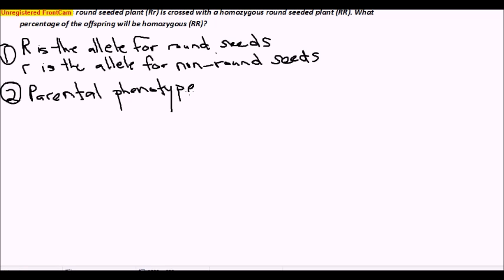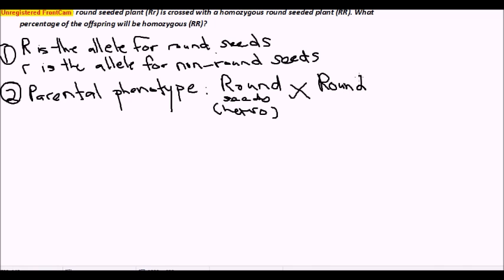So the parental phenotype is going to be round seeds, right? Hetero cross with round seeds, homo dominant.